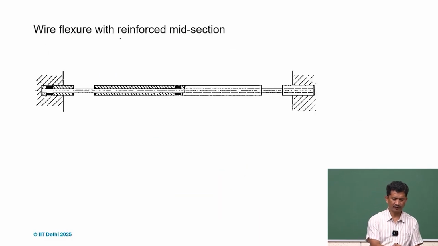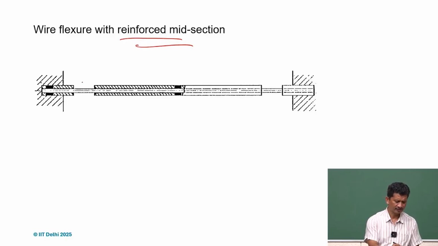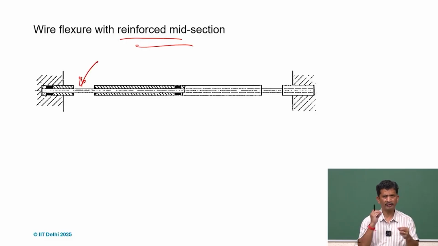For reinforcement, not necessarily do we have to remove the material all the time, but one can be very clever. For instance, in this case, you have the wire, but then you just use a thin tube and just insert it, and you can see the gluing here. So similar features we can get.